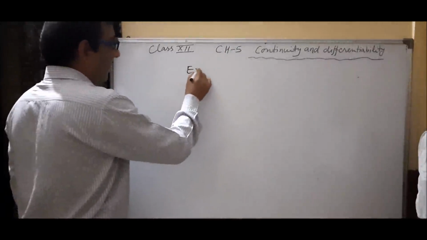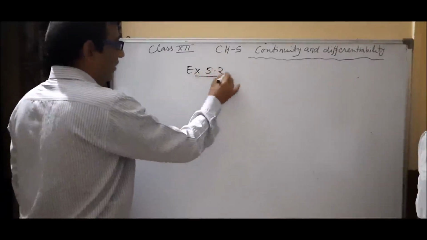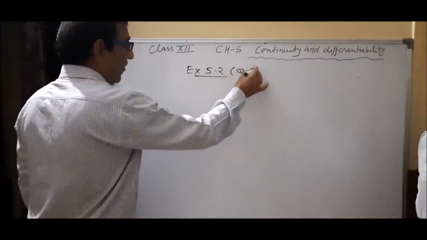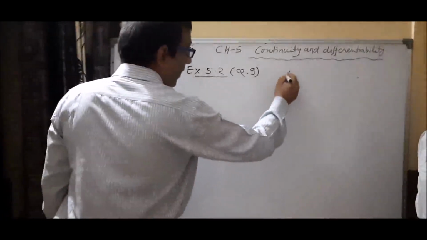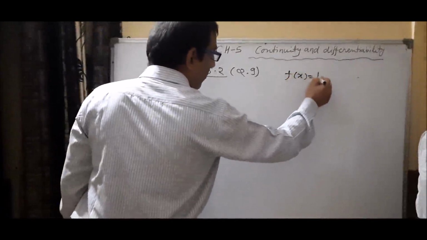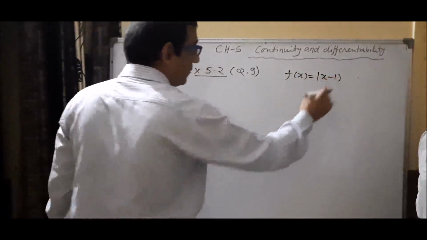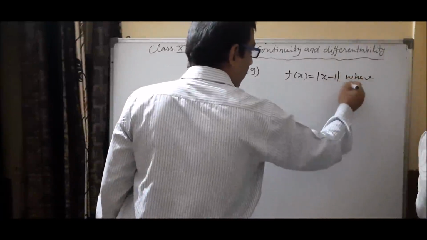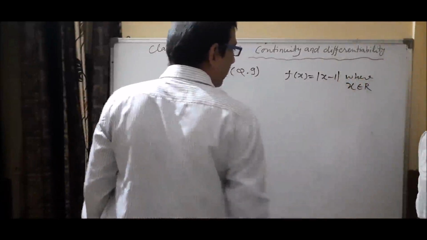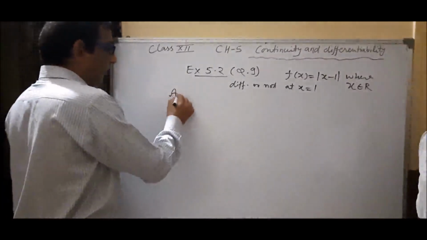The question is: if f(x) equals modulus of x minus 1, where x belongs to R, then we have to show whether it is differentiable or not at x equals 1. So how can we show it?